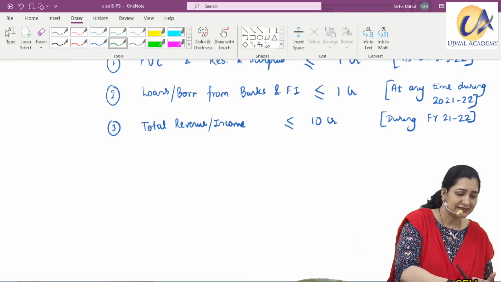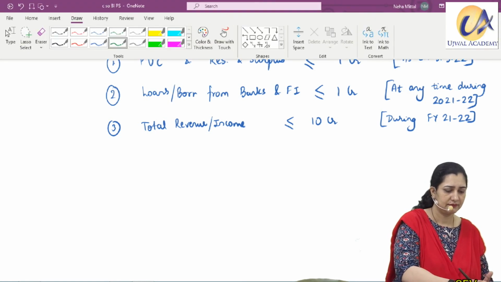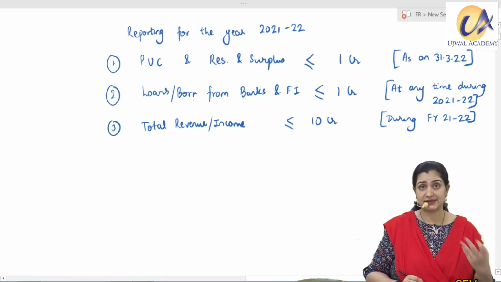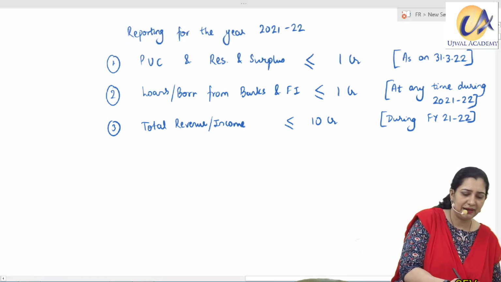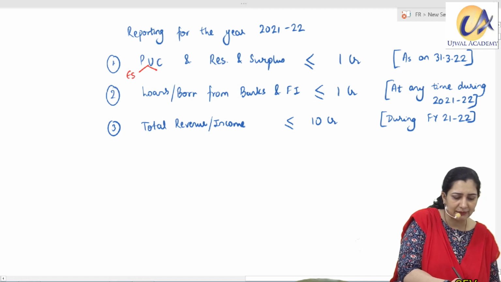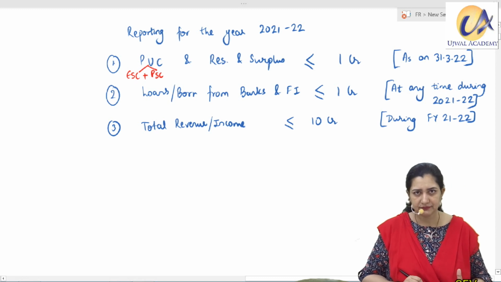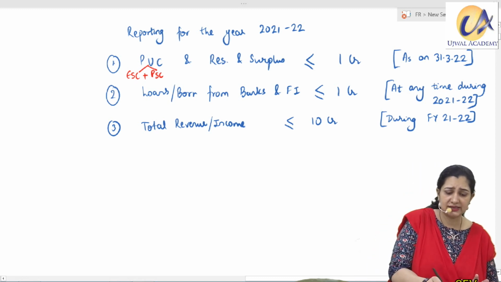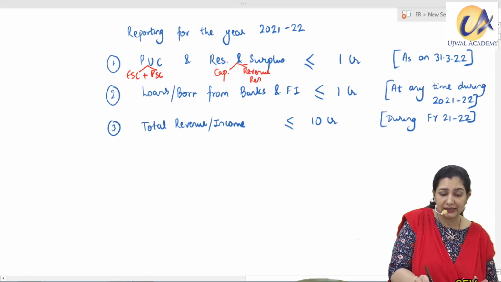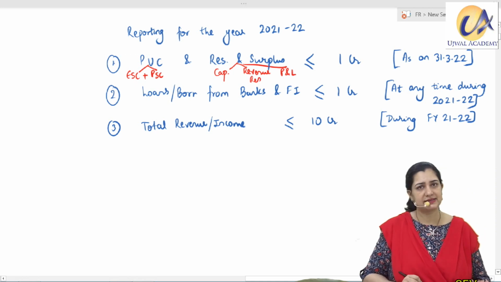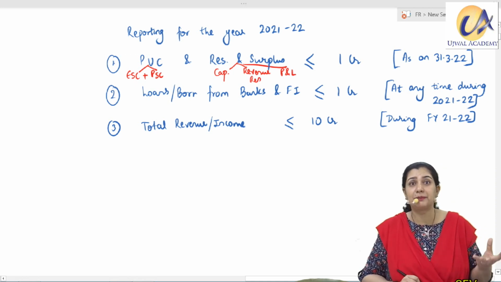When I say paid up capital, let us understand, it includes equity share capital plus preference share capital. When I say reserves and surplus, it includes capital reserves, revenue reserves, and your P&L balance, which we call surplus.